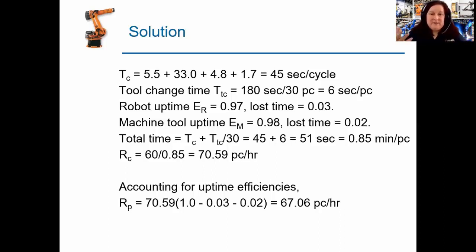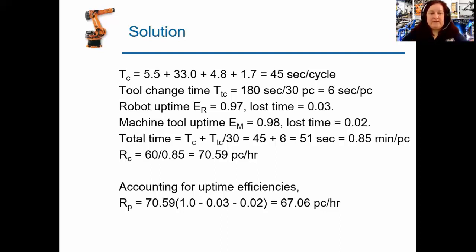We would say the average is 6 seconds per piece. We have to take that into account. And then the robot uptime is 0.97, which means that 3% of our time will be lost. And the machine uptime is 98%, so 2% of that time will be lost.